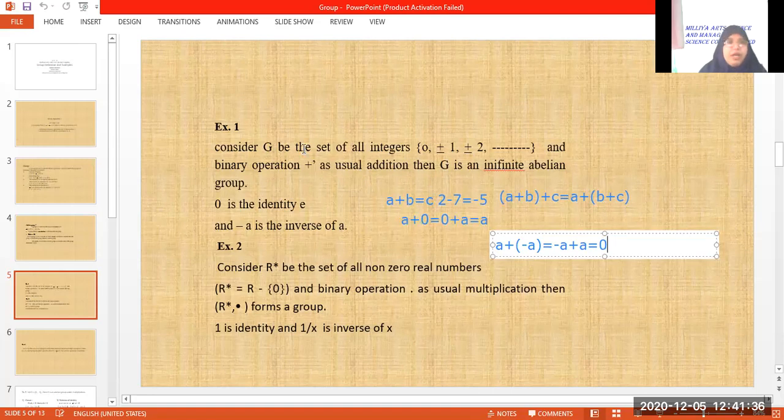So therefore this set G is a group. But it is infinite. The set of all integers is infinite. Therefore, G is an infinite abelian group.